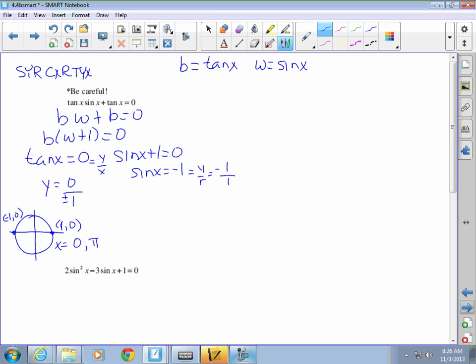So sine is the same as the y coordinate. So I'm looking for a spot where my y is equal to negative 1. So that's down here. This is at the point 0, negative 1.